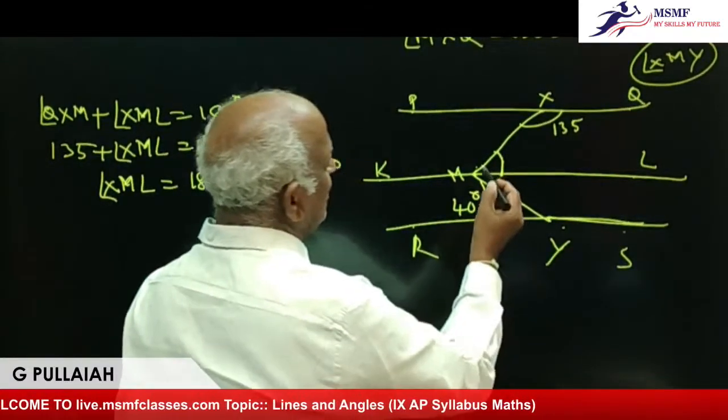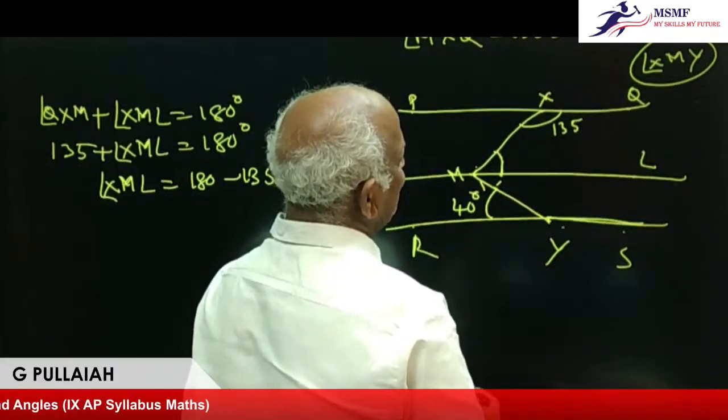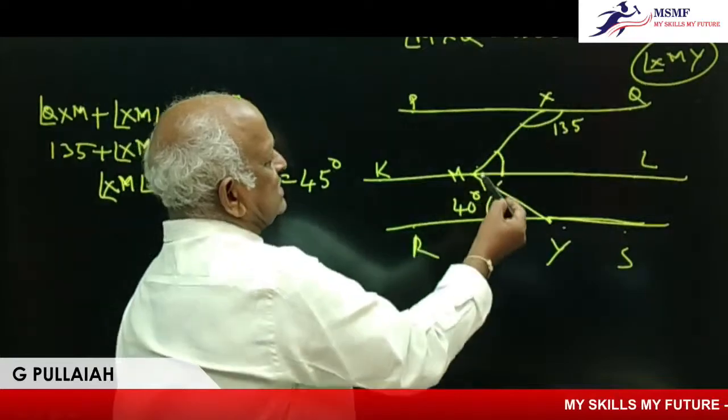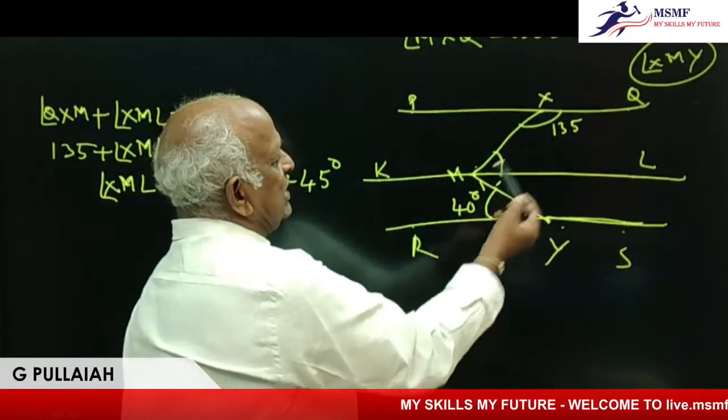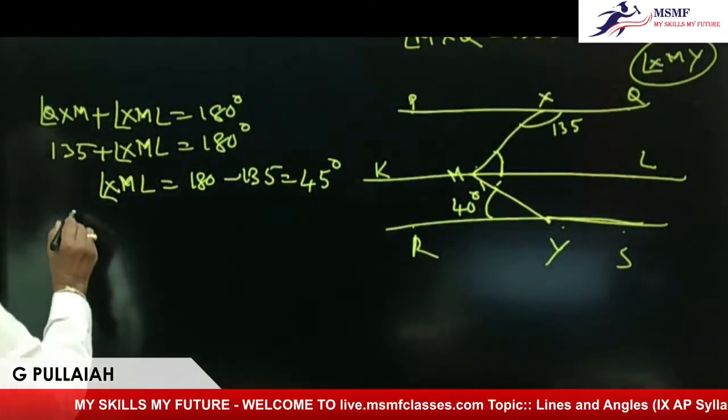Now our point is to find XMY. To find XMY, I told you that we have to find two angles, XML plus YML. Now think about YML.